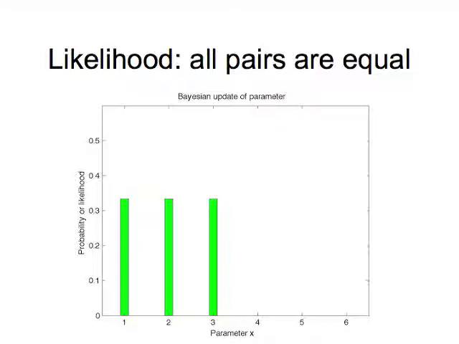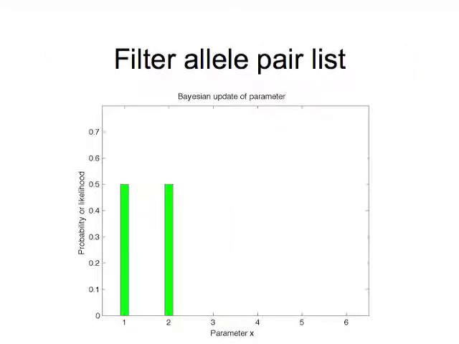First, let's take the inclusion function, which says that all included allele pairs are given equal weight. So here, the allele pairs 1,1, 1,2, and 2,2, which might represent the first 3 out of the 6 possible allele pairs, are given equal weight, and they would be put onto a list, as opposed to the other allele pairs that might include allele 3 and would not make it onto the list. Next slide.